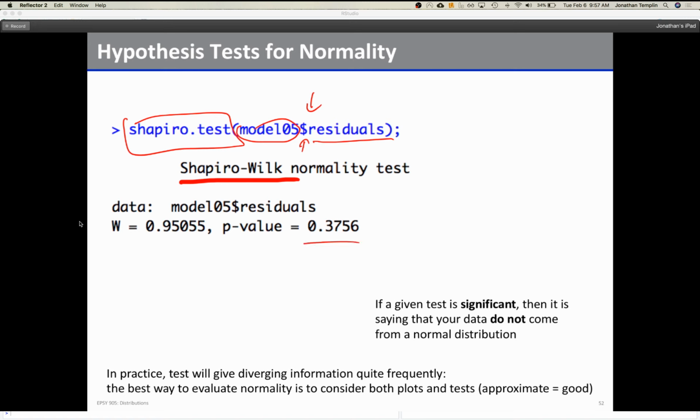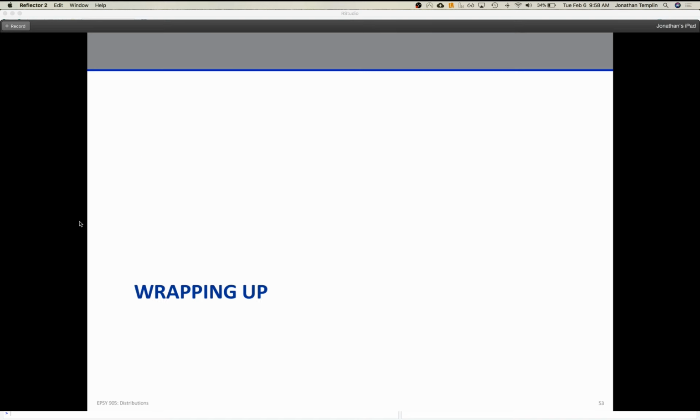Right? This test, the null hypothesis is normal. The data are normal. So if this p-value is low, we reject that null hypothesis, and the data are not normal. This p-value being somewhat large, we would likely say the data come from a normal distribution, or at least we don't have enough information to reject this normal distribution.